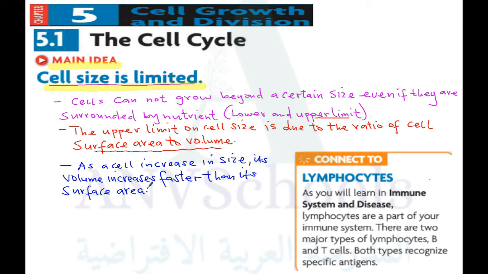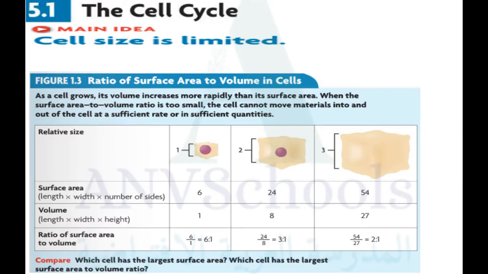If we look at the figure here, it will be easy for us to understand this. Figure 1.3 shows the ratio of surface area to volume in cells. As a cell grows, its volume increases more rapidly than its surface area.